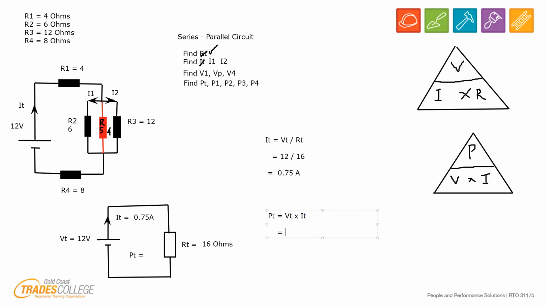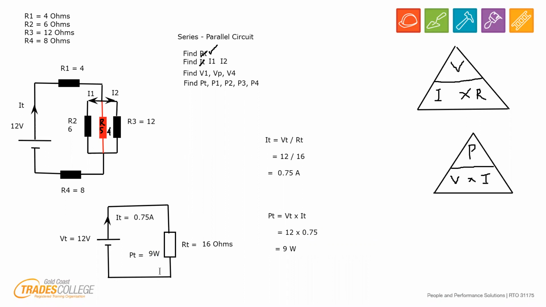Those values are 12 times 0.75, which gives me 9. And remember, it's W for watts, capital W. I'll write that in there.